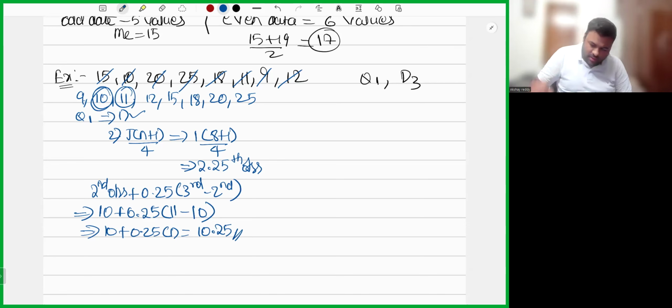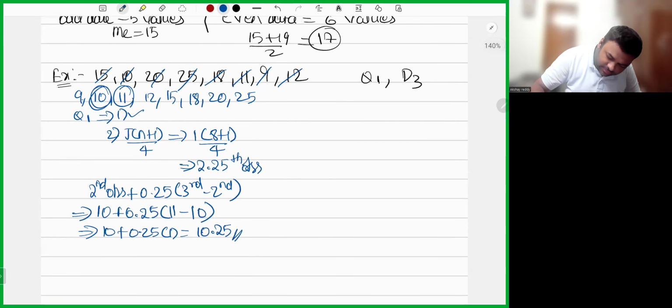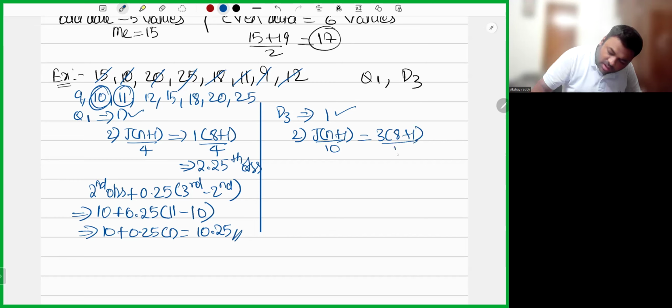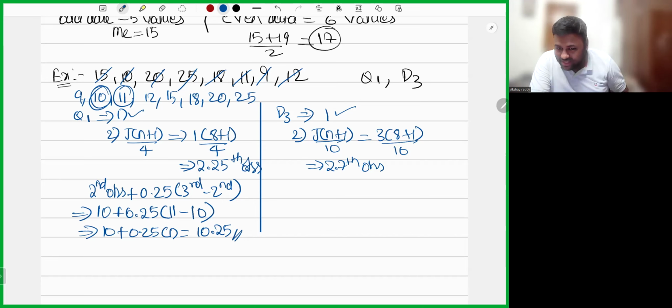Okay, D3 I'll calculate. First step done. Second step, J into n plus 1 by 10. 3 into 8 plus 1 by 10 gives the 2.7th observation. It's not an answer, just a location.